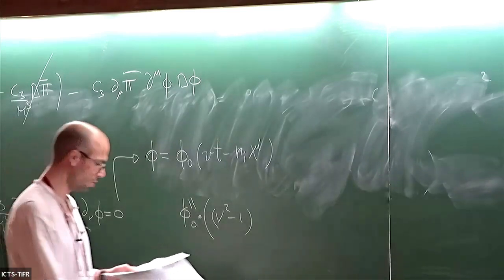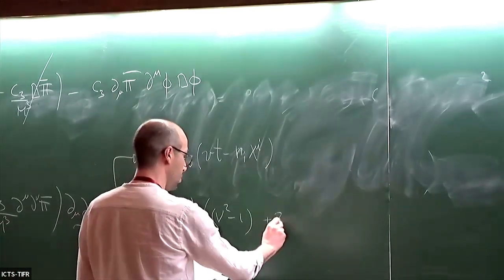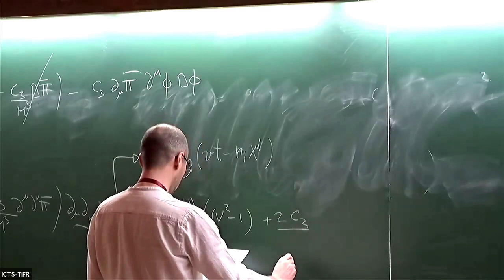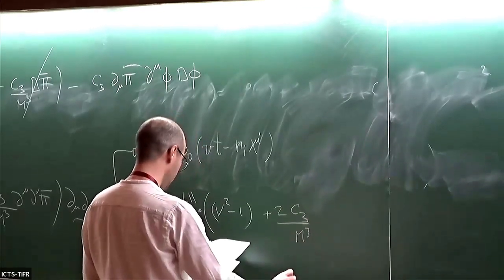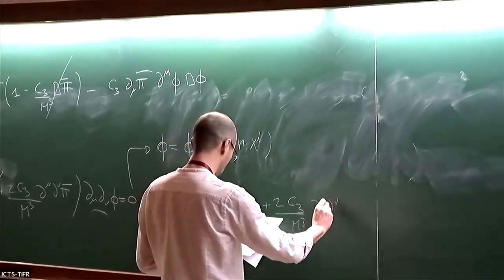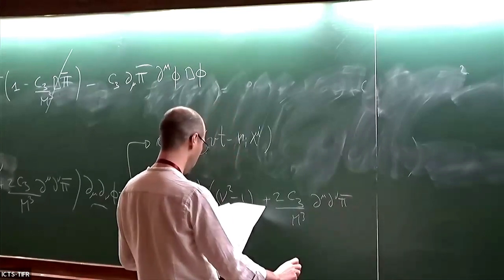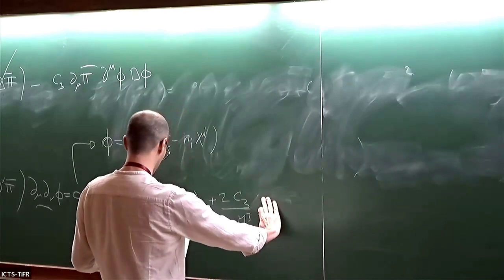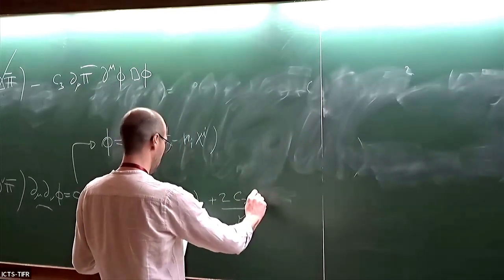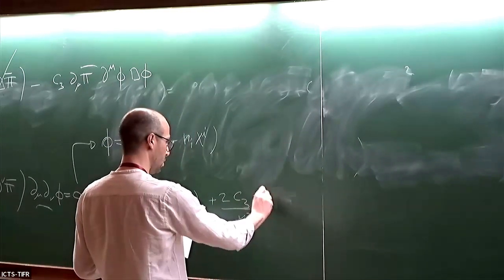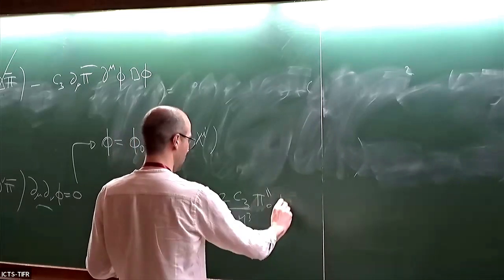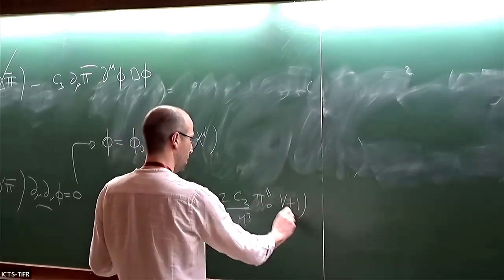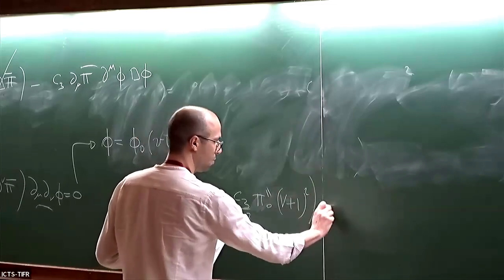And then there's a correction from the part that breaks Lorentz spontaneously, which is 2c3 m cubed d nu pi bar. No, what am I writing? 2c3 m cubed pi 0 second derivative (v plus 1) squared equals 0.